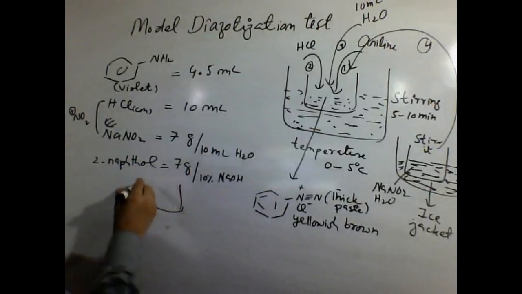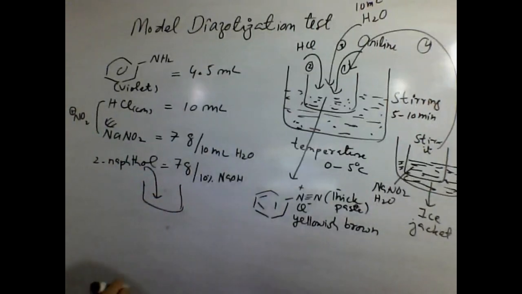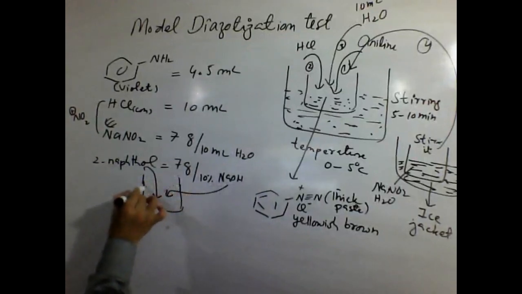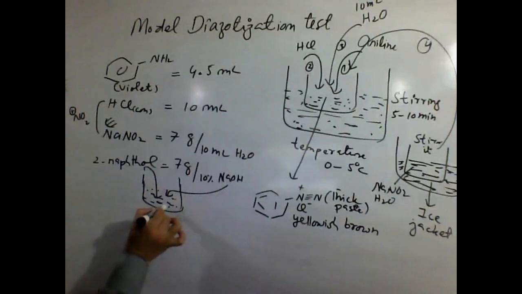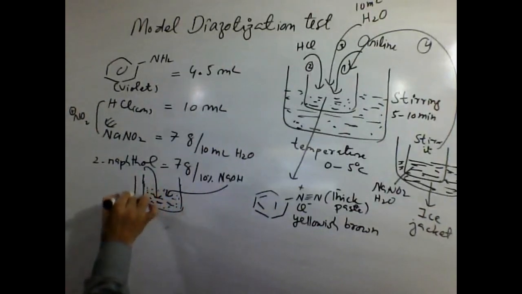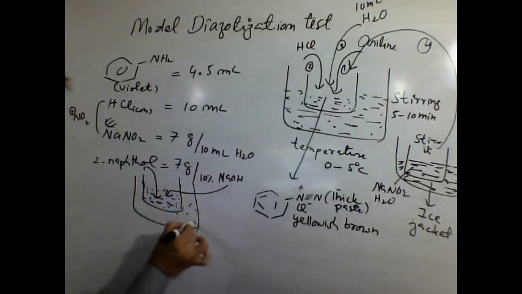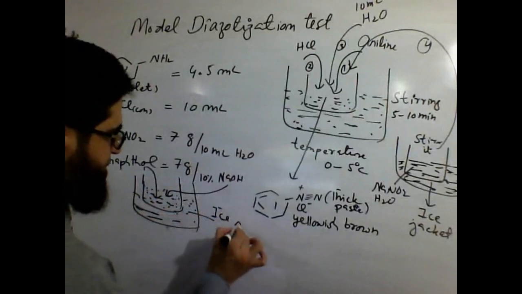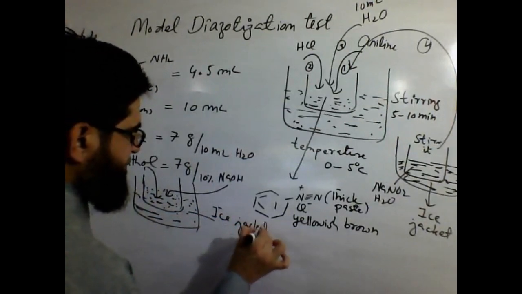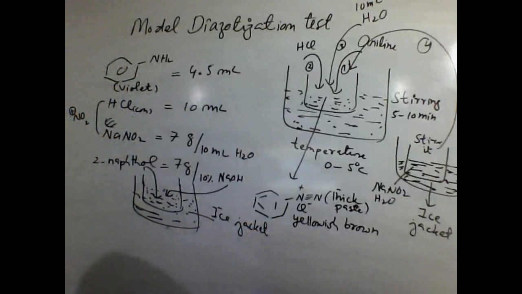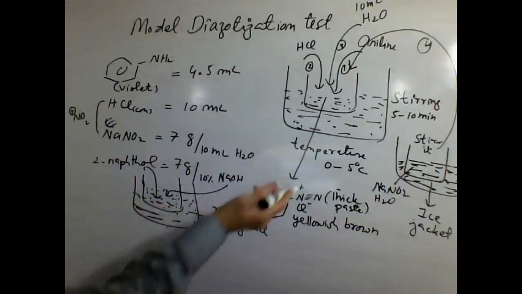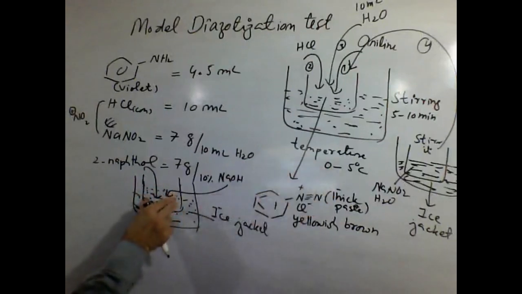We put in 2-naphthol and then 10% sodium hydroxide in the beaker and prepare a solution. Again we put it in another ice jacket, just to reduce the temperature to around 5 degrees, less than 5 degrees, something like that.